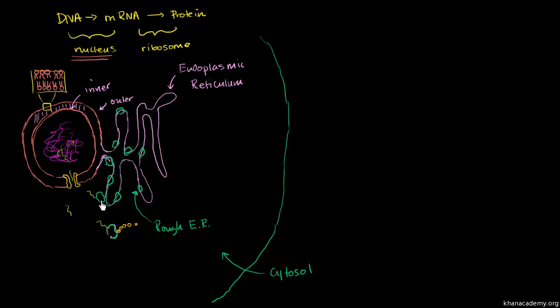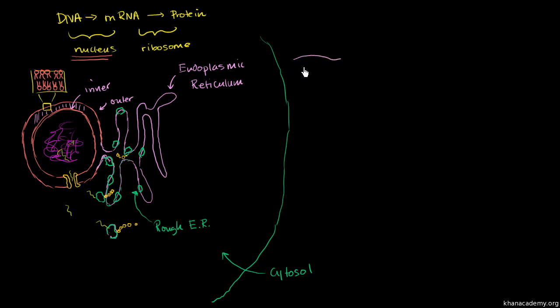And as the protein is translated, it won't be translated inside the cytosol. It'll be translated on the other side of the rough endoplasmic reticulum, or you could say on the inside of it, in the lumen of the rough endoplasmic reticulum.